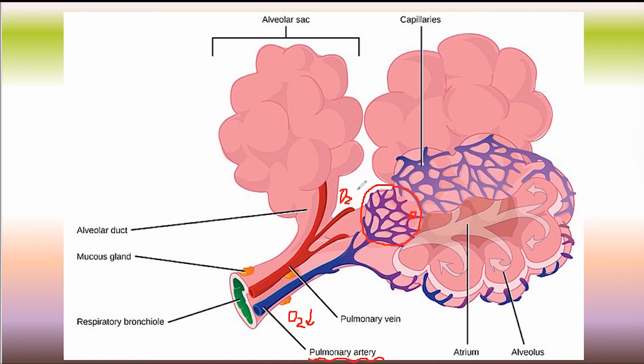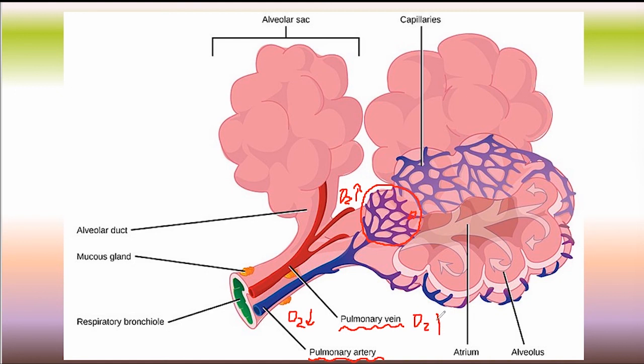But this blood will return to the heart, to the left side of the heart. So that's what we call the pulmonary vein. The pulmonary vein carries oxygen-rich blood.